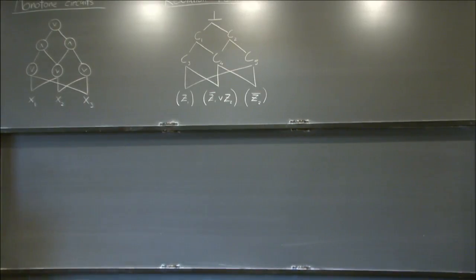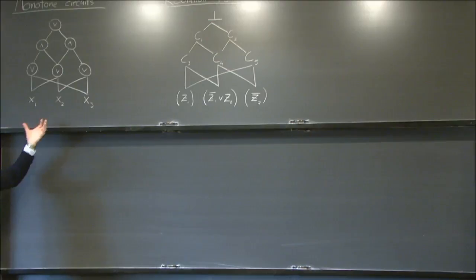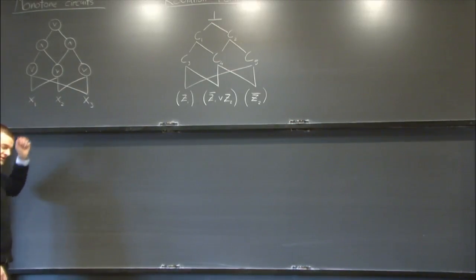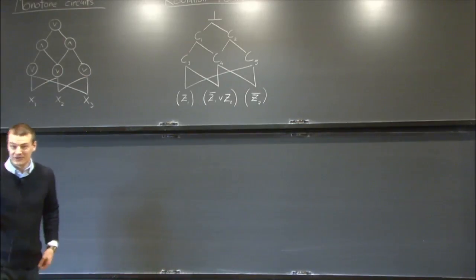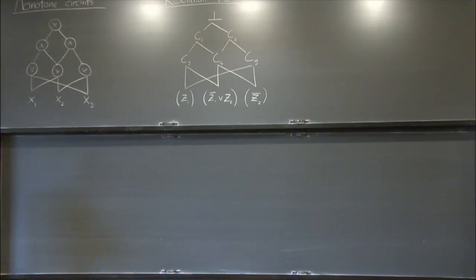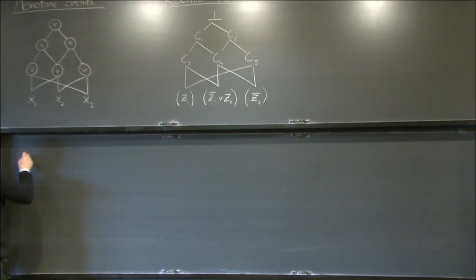So I want to start by giving a characterization of monotone circuits in the language of communication complexity. The characterization will use an extension of communication protocols to DAG-like communication models. There are many names for these; I maybe call them rectangle DAGs, but you can also call them DAG-like communication protocols.